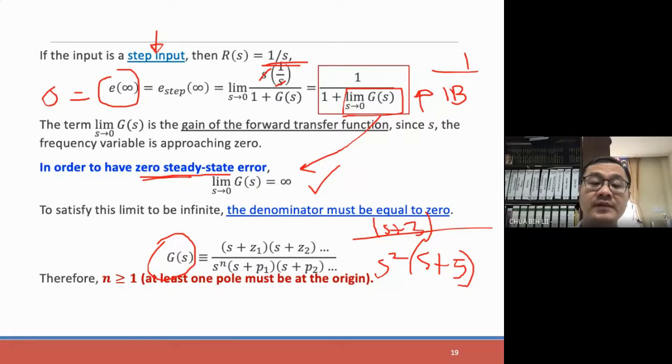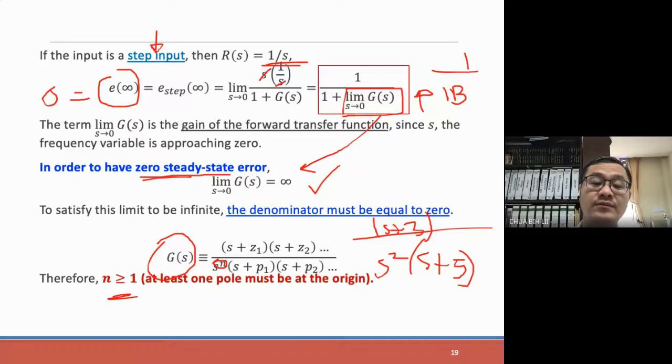What we notice from this general equation is that in order for us to have an infinite limit, we would want this n to be at least 1, at least 1 pole.